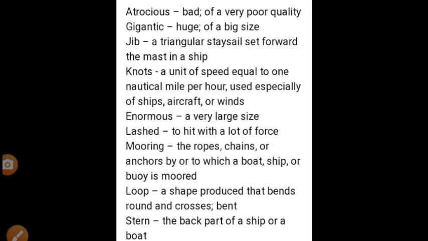Enormous, a very large size. Lash means to hit with a lot of force. Mooring, the ropes or chains or anchors by which a boat or ship or buoy is secured. Loop, a shape produced by a bend that rounds and crosses itself. Stern, it is the rear part of a ship. Deflected means turned aside.